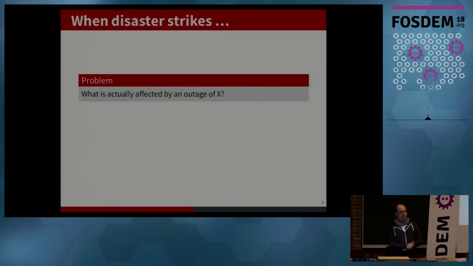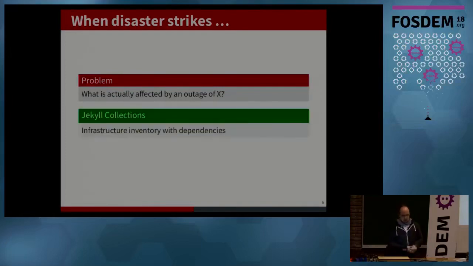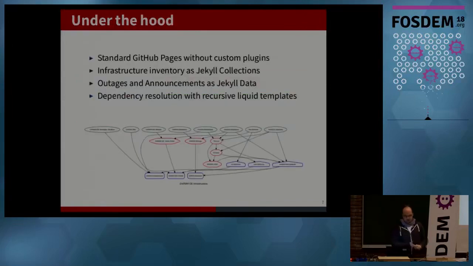Because if I'm saying to users our Storenext instance is broken, no one's going to know what I mean. So for this, we implemented Jekyll collections, which is a way to have our infrastructure inventory directly there in the GitHub repo as well. And including these dependencies on each other, dependencies on our infrastructure components, such as the storage or the virtualization environment.